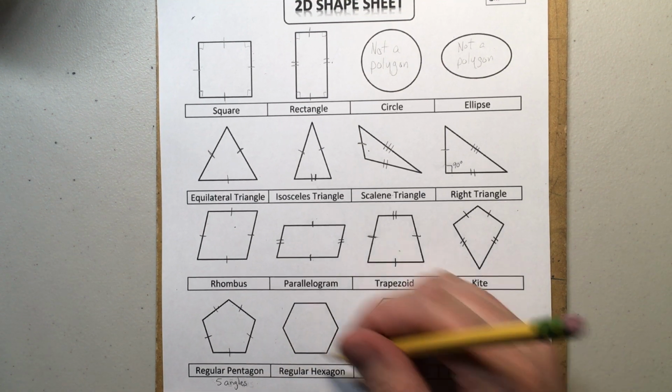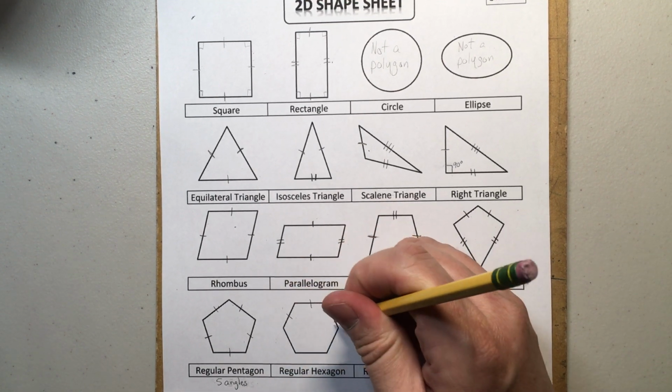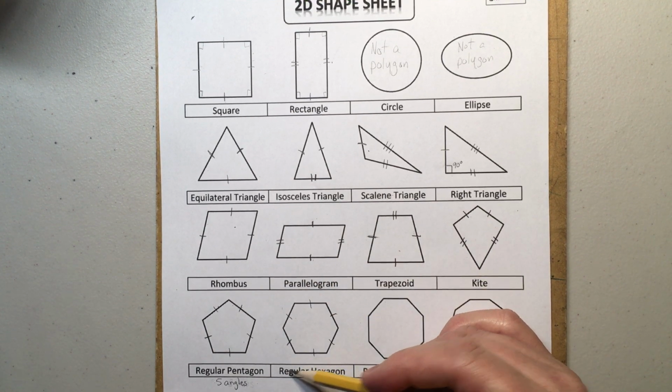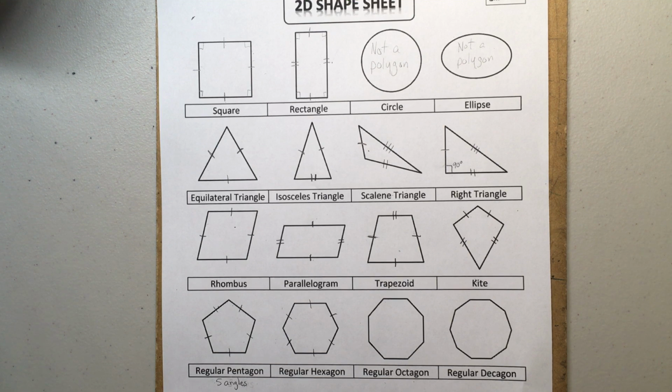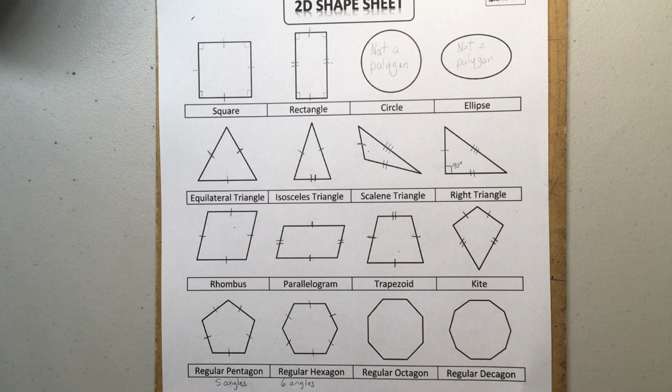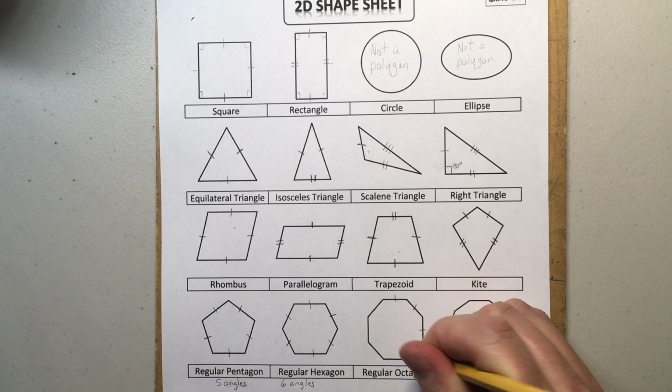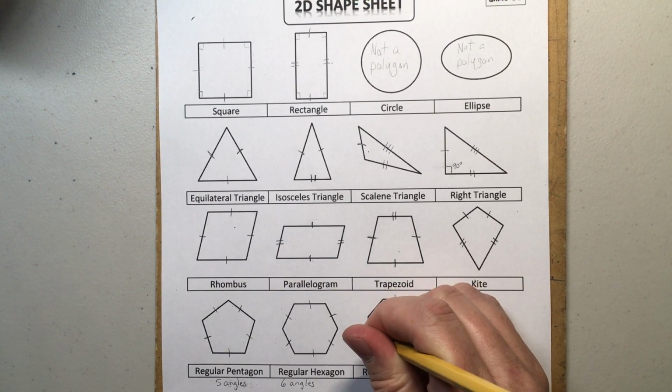Regular hexagon. Let's see how many. 1, 2, 3, 4, 5, 6. A regular hexagon has 6 angles. Octagon has 8 sides of equal length, and this is a regular octagon.